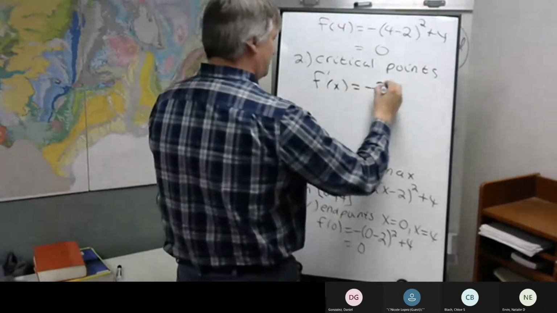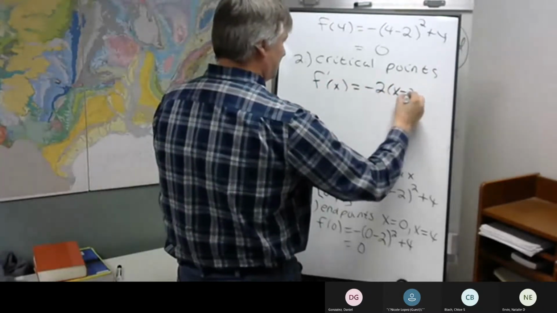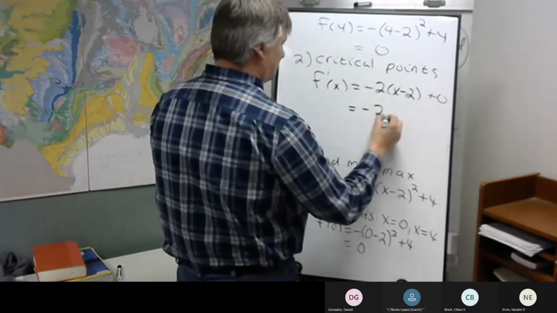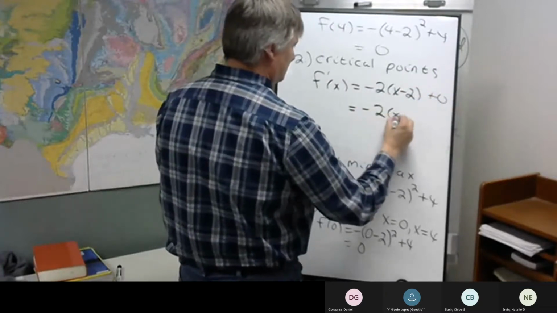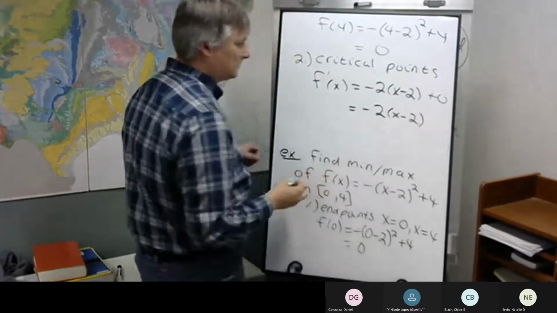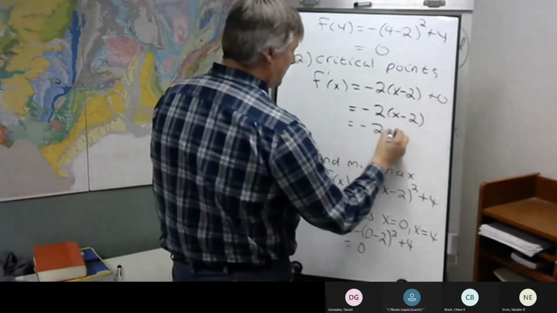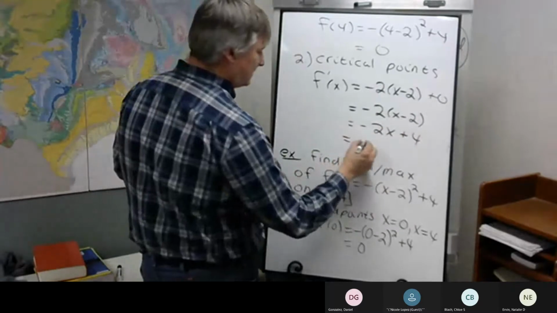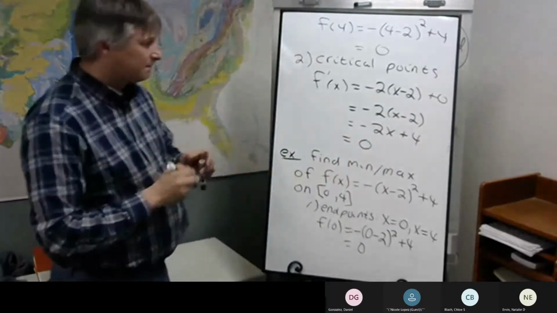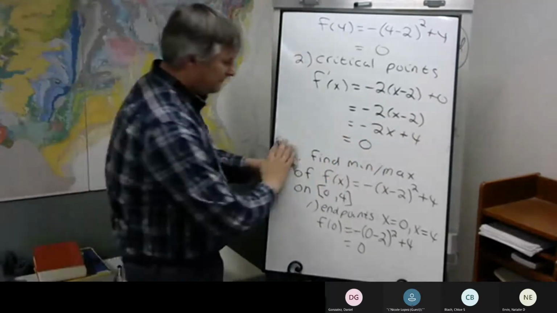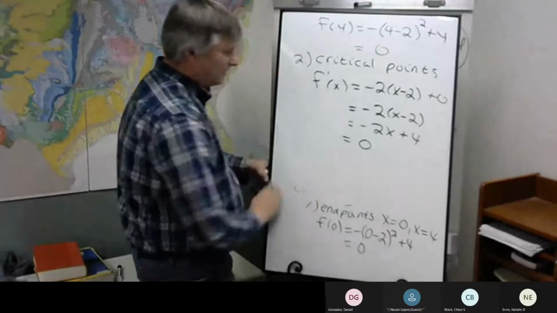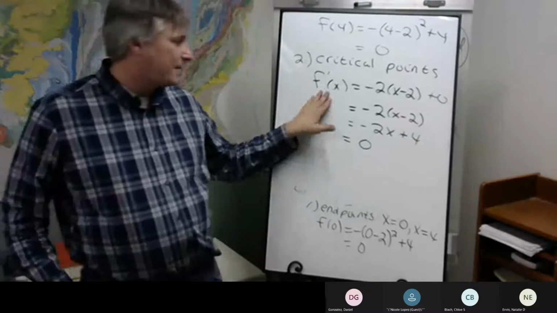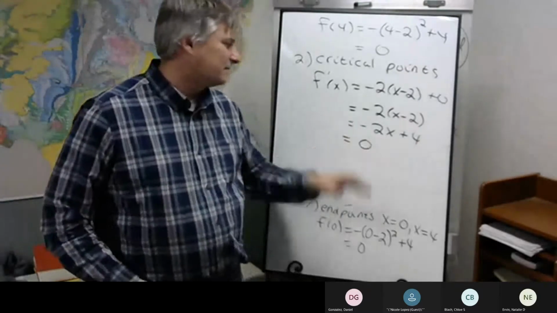So we get -2x minus 2 plus 0, or -2x, 2 times x minus 2, or -2x plus 4. And we want to set that equal to 0. So first off, if we take a look at f prime of x, this is f prime of x.